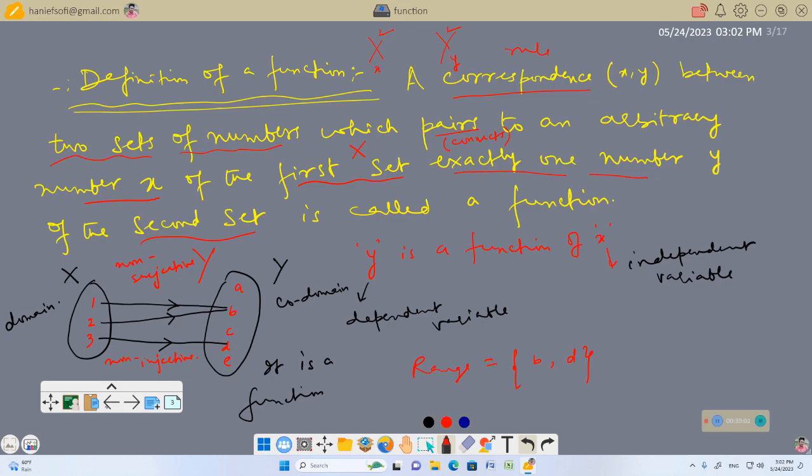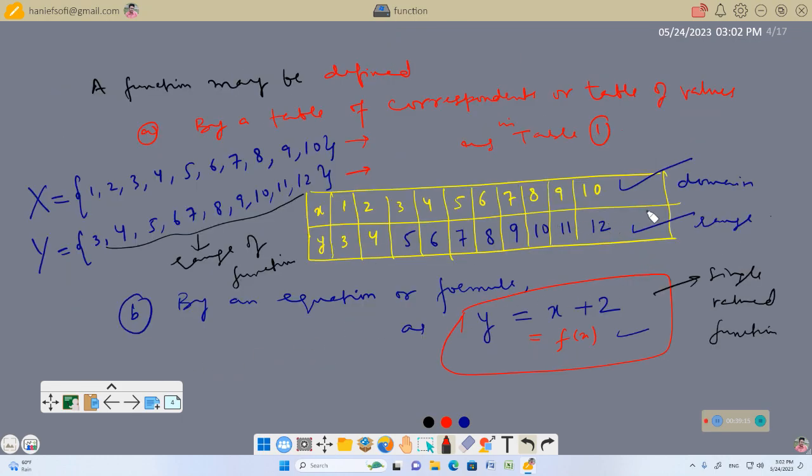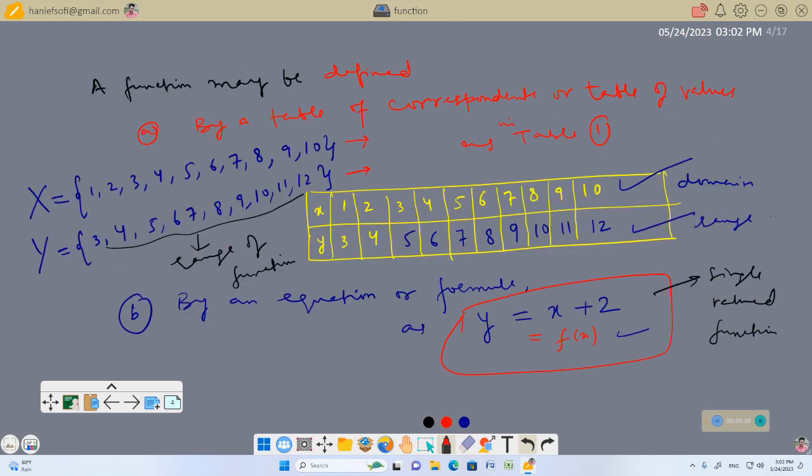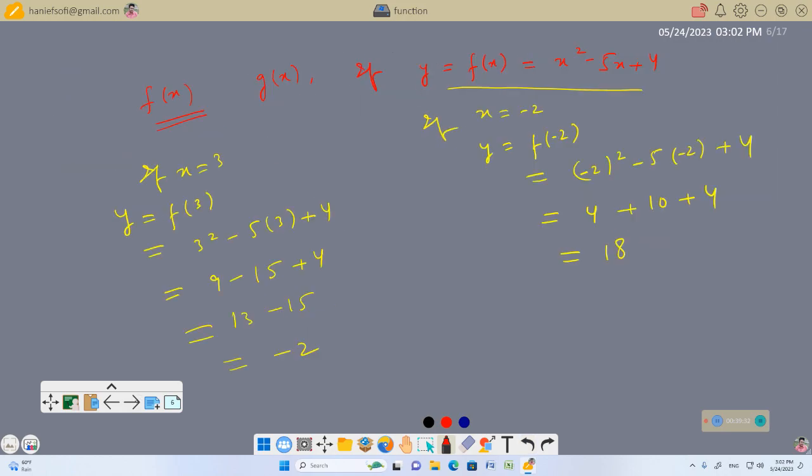Once it is a function, then you talk of codomain, range, and domain. Sometimes codomain and range are equal, like in this example. This is range, this is also codomain. Sometimes codomain is a bigger set, so range is a subset of that. So you stick to the definitions, then you will not get confused.